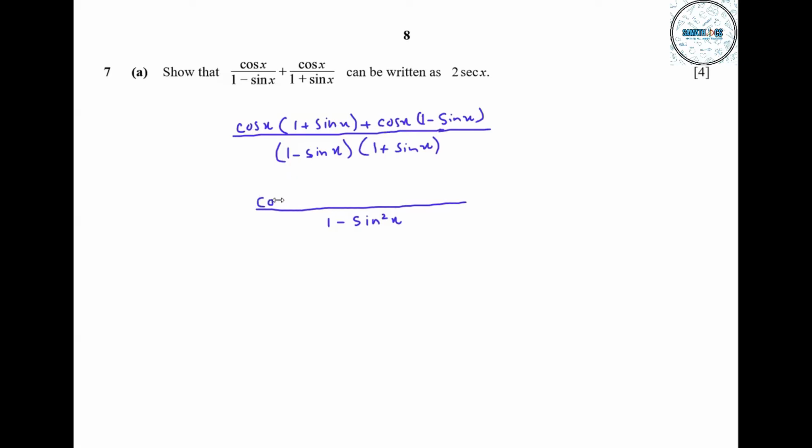We'll multiply cos x by 1, we will get cos x. We'll multiply cos x by sine x, we will get cos x sine x, plus cos x multiplied by 1 is cos x. Cos x multiplied by minus sine x is minus cos x sine x.